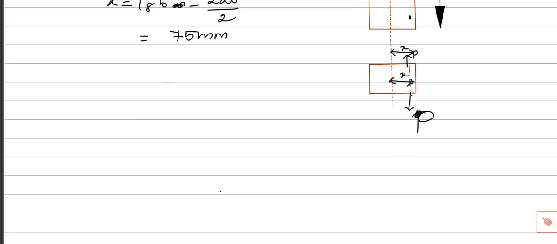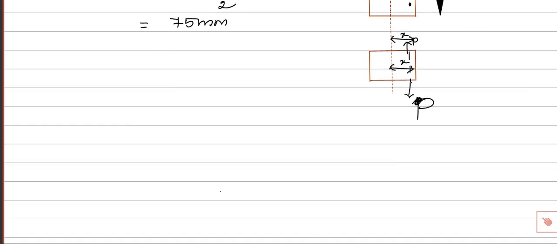Next, we can find out AST1 for bending moment. MF value is equal to 45.733 into 10 power 3, which we have found in the fixed end moment step, minus PL.